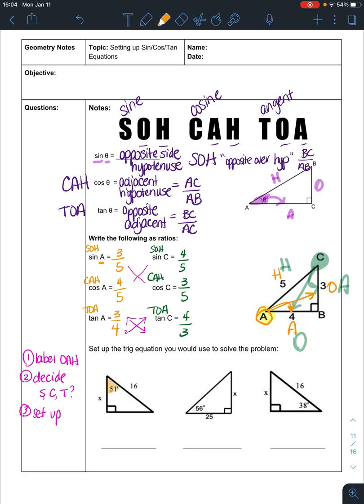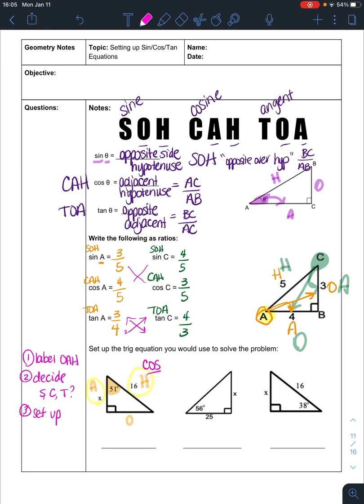So first, find your angle that's in question. Decide, label your O, your A, and your H. So my opposite side doesn't have anything. My adjacent side has an X, and my hypotenuse has a 16. So of the ones that I have, the ones that are labeled are A and H. So A and H is cosine.